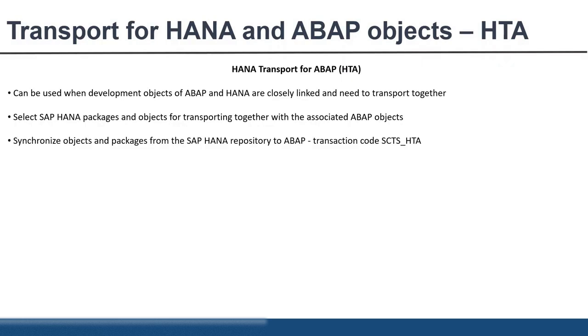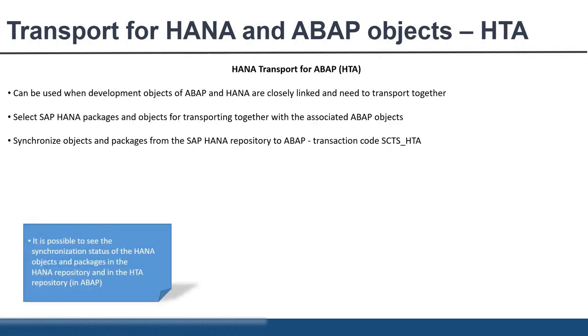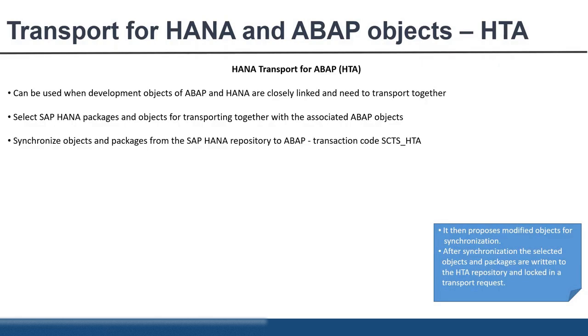You have to first synchronize these objects and packages from HANA repository to ABAP. The transaction code for the same is SCTS_HTA. So how it happens is you can synchronize the status of ABAP objects and packages from HANA repository and HTA.